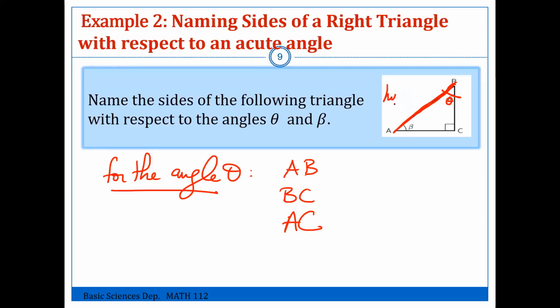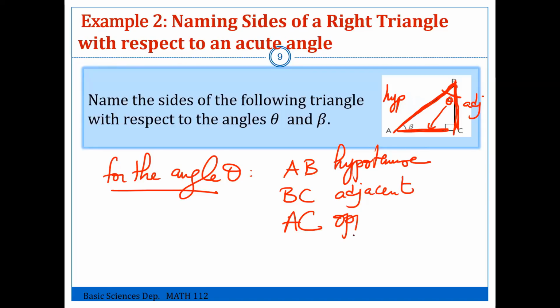AB هو الهايبوتنس. هذا always fixed. أطول side. This is the hypotenuse. How do we call the side BC? BC وينه؟ هذا البي سي. هذا الادجاسنت. والاي سي البعيد opposite. هو الاوبوزيت.